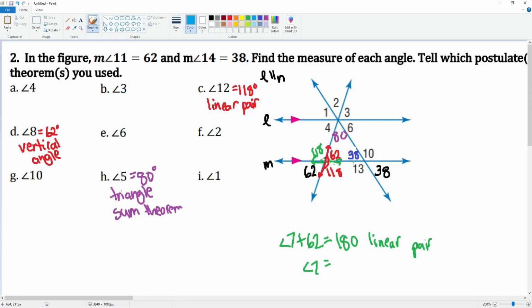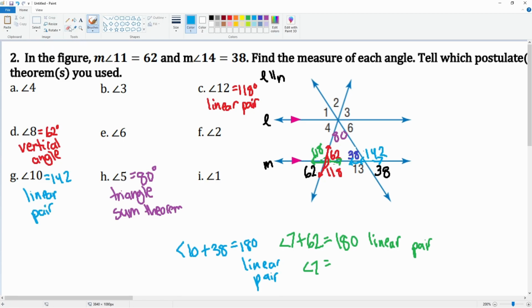Notice that this forms a straight line. So this is a linear pair relationship. Angle 10 plus 38 is equal to 180 because of linear pair. So 180 minus 38 is 142. So angle 10 equals 142 because of linear pair.